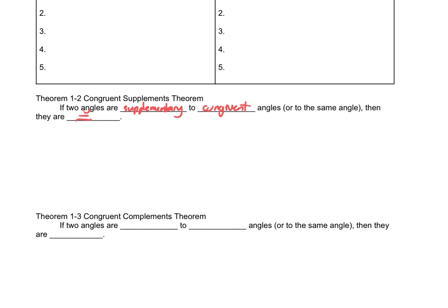So it's like an equal sign with the wavy line on top. That's what we used in our previous theorem, saying 1 plus 2 is 180 and 2 plus 3 is 180, so 1 and 3 have to be congruent. That is where this congruent supplements theorem comes from.